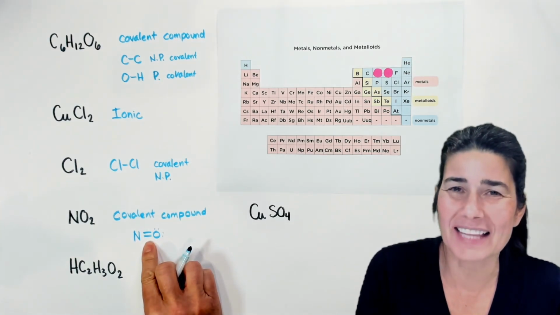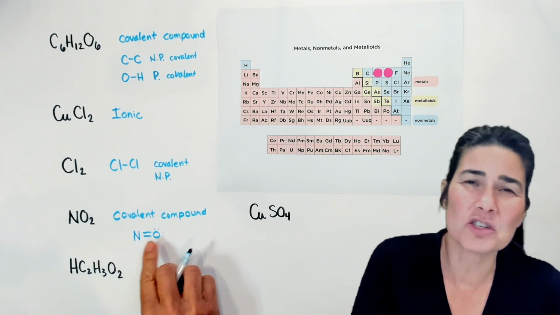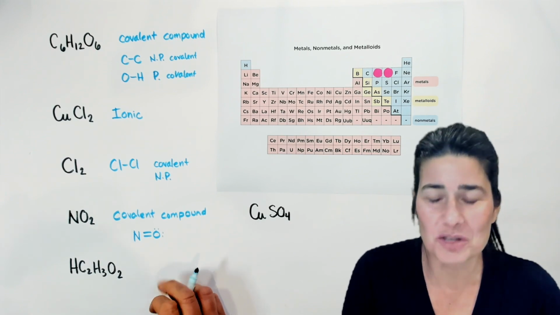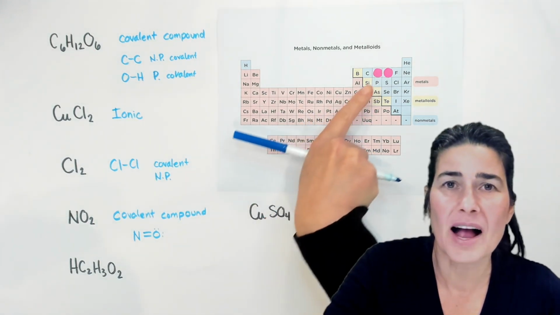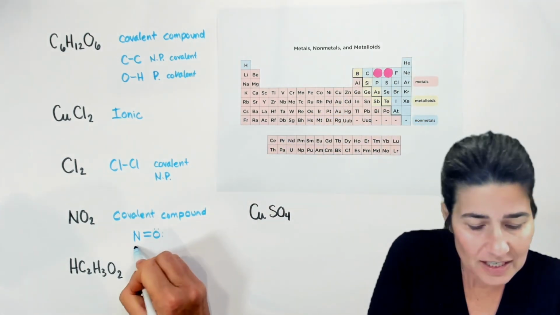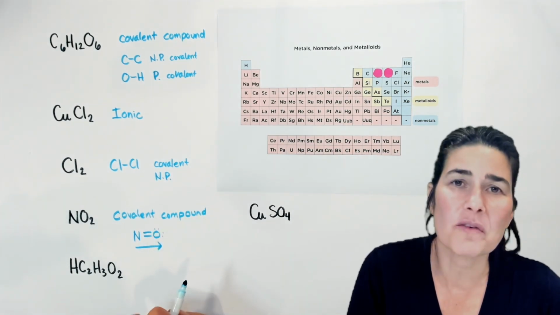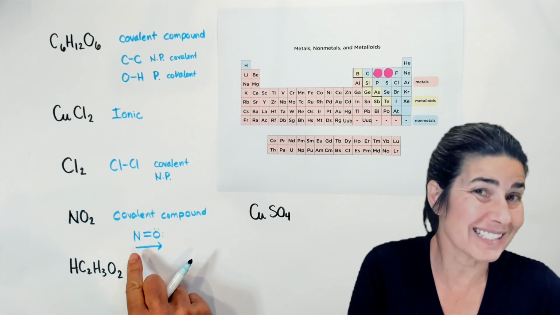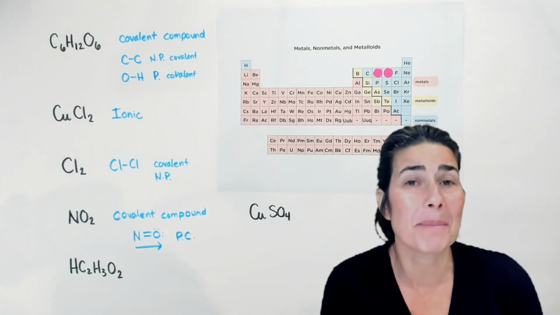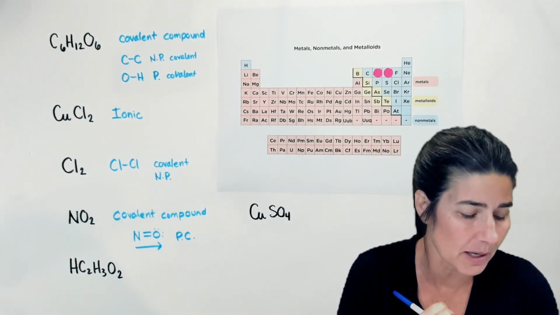You're going to learn about that later. What I want you to focus in on is there's a bond between nitrogen and oxygen. Do they pull the same? The answer is no. Electronegativity rises up to the right, fluorine being the highest. Oxygen is going to pull those electrons to it. So within this covalent compound, we know there exists at least one polar covalent bond.